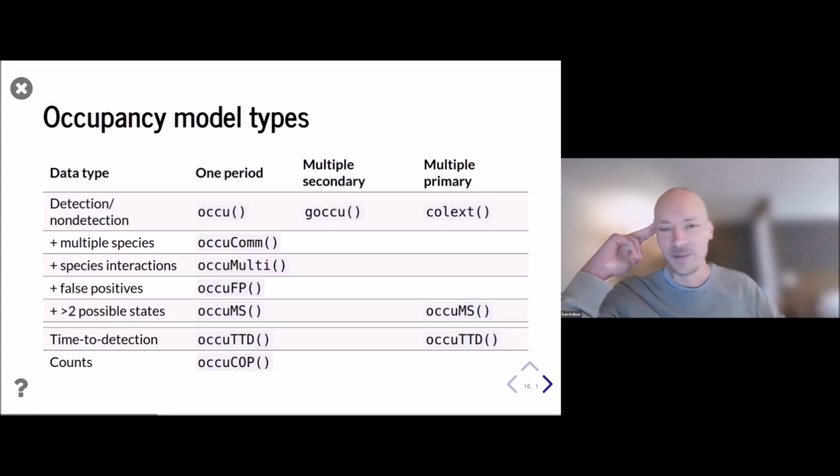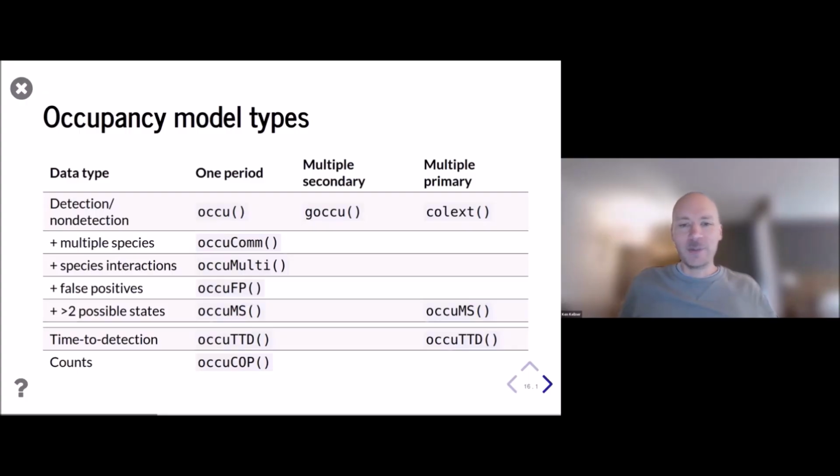And just to highlight a few that have been added in the past couple of years, the OccuCom function is a function for the community occupancy model, where you're wanting to model multiple species simultaneously, and the effects of covariates and so on for those species are basically treated as random effects.